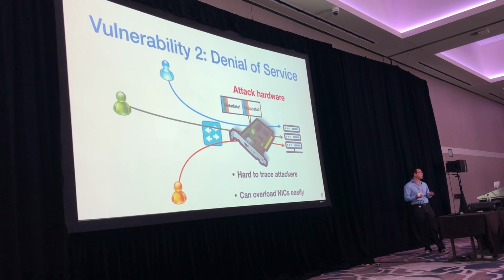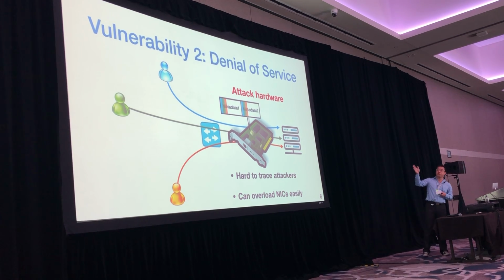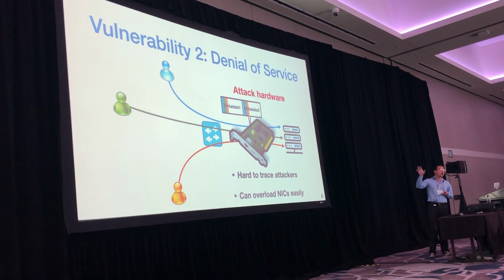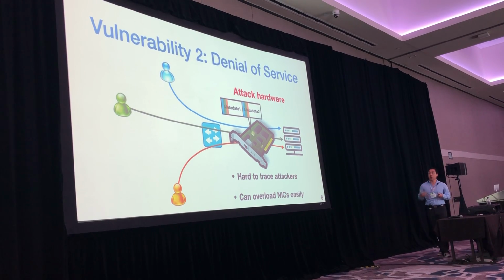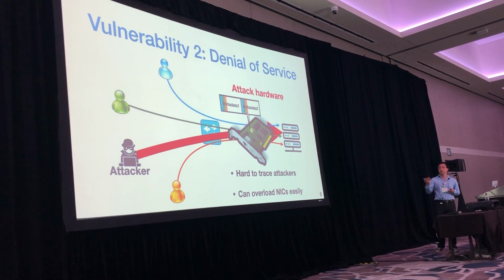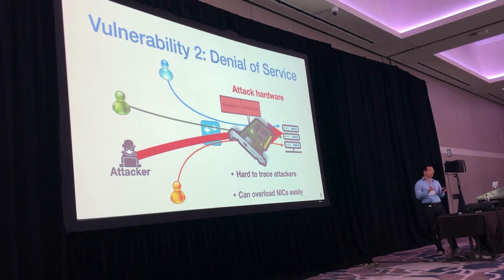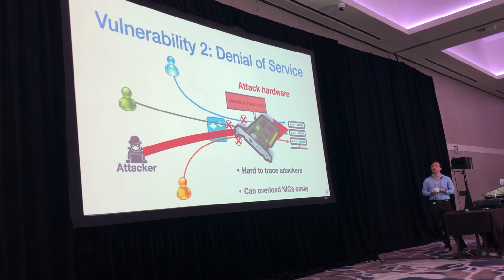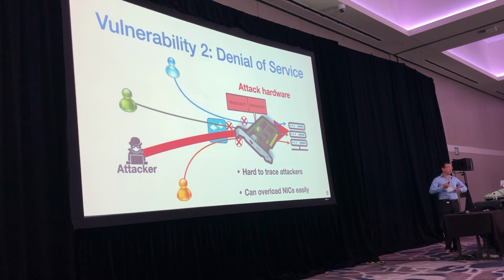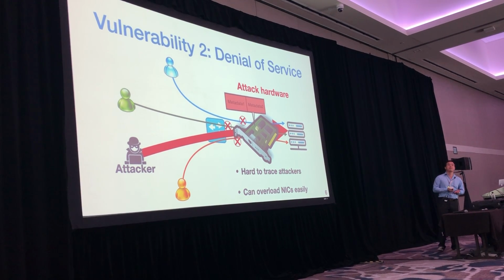Therefore, you can see in this figure, different users occupy a part of the resources inside the NIC. However, when an attacker comes in, it could easily overload the whole NIC to prevent others from using the resources, or to hurt the performance. So this is the denial of service of the one-sided part.